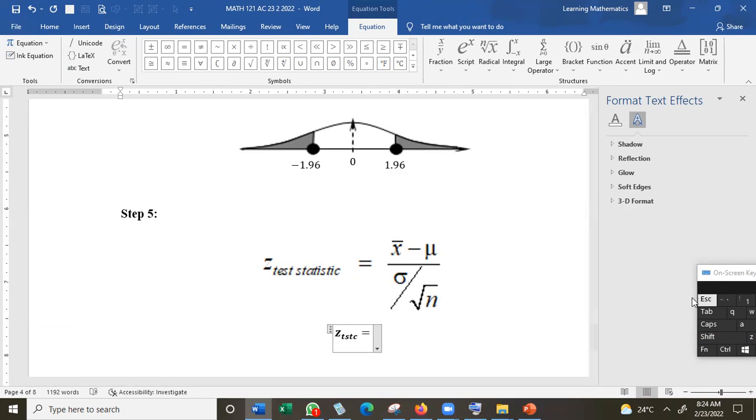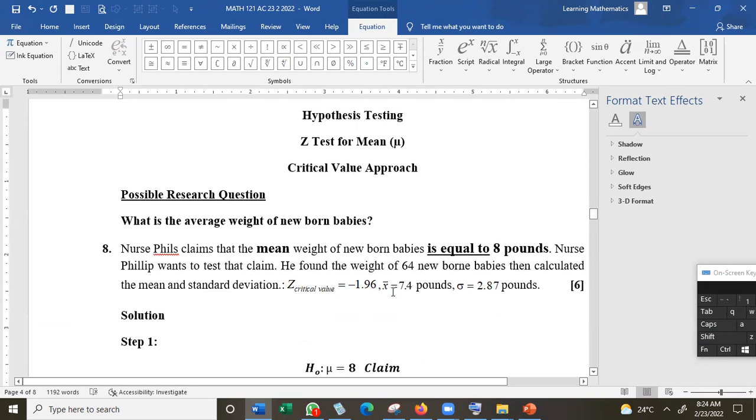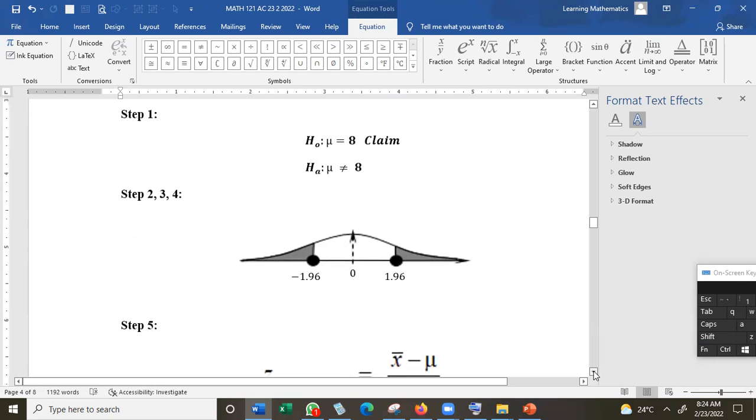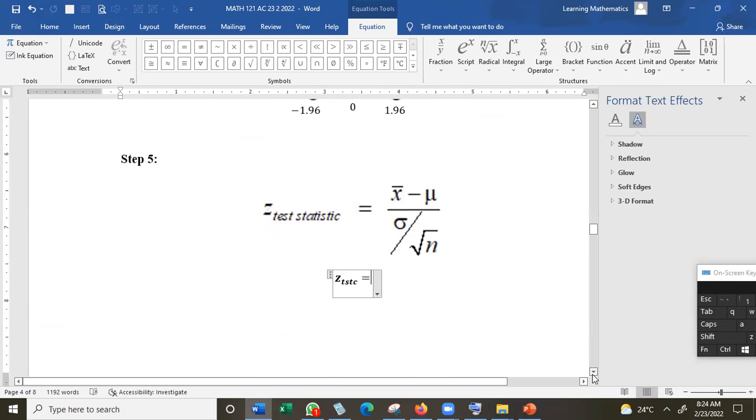The sample mean is 7.4, here it is, X bar, and the population mean is 8. So 7.4 subtract 8 in the numerator.